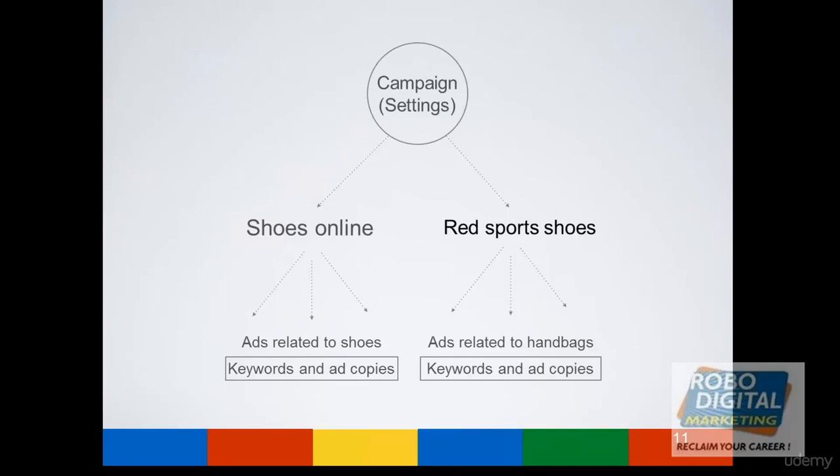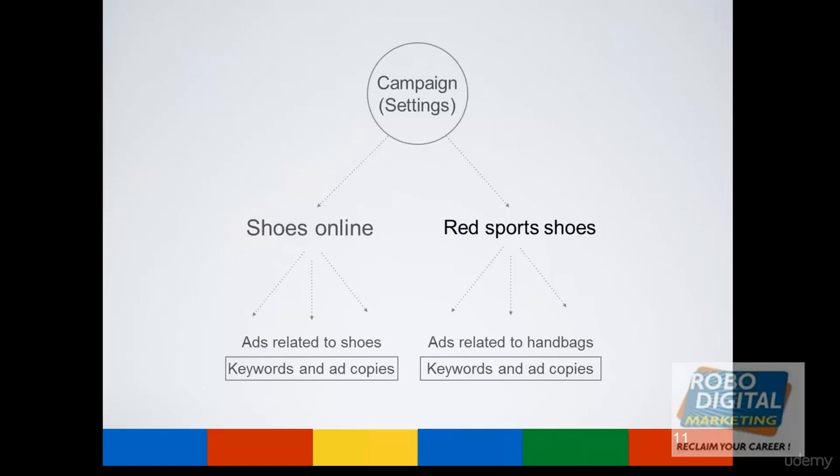For example, if the user types buy shoes online, it might show the ad buy red sports shoes online. When the user sees different ads, you might not get a click or a customer. Clear or not? Okay, so we make different ad groups.